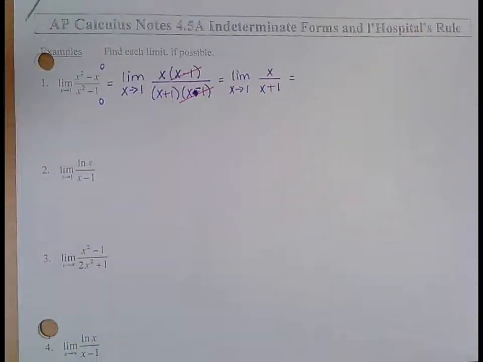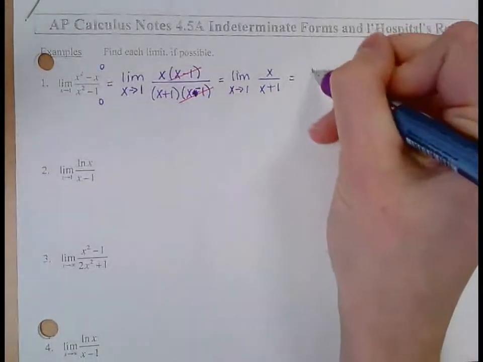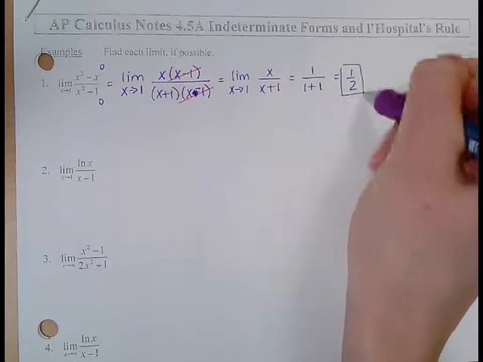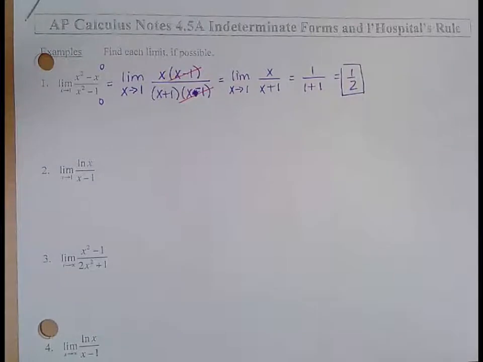Then you use direct substitution, and we would get 1 over 1 plus 1, so 1/2 is the limit. Okay, so that's how we found limits before, this is one case of an indeterminate form. One method we used was factoring.